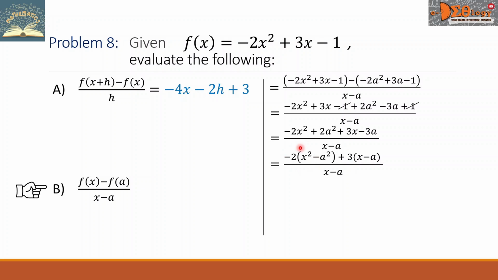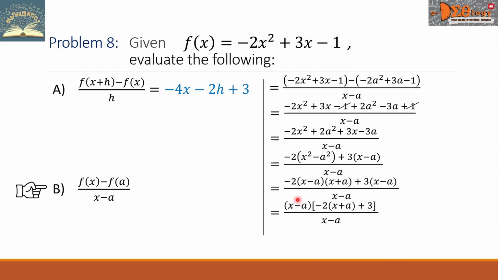Notice in the first group, x squared minus a squared. This is a special product, and the factors are x minus a times x plus a. See here that we have two big groups, and the binomial x minus a is common. We can pull it out as a common factor.